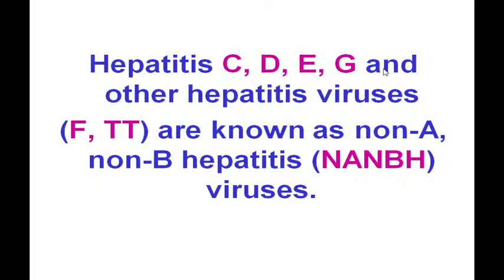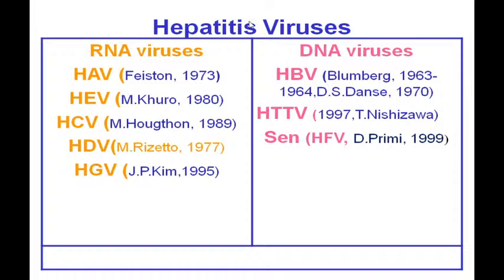Except for A and B, the rest of the hepatitis viruses, because they were identified later on, are quite often, even in the clinic, called non-A, non-B hepatitis viruses, to underline that they are not so common as A and B. For a very long while, the doctors knew that there were some other viruses that cause similar diseases, but they had not been identified for quite a long while.